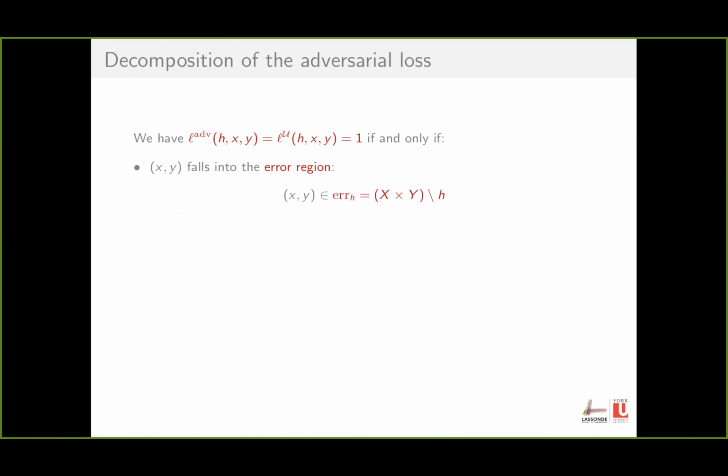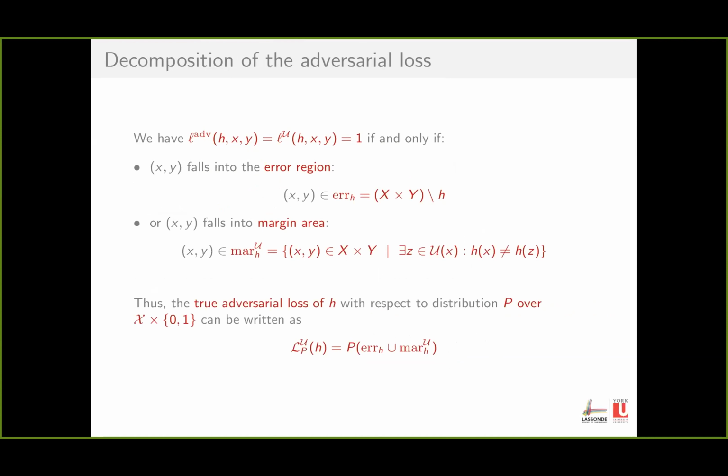A bit more formally, this is saying that either if we're making a mistake or a point falls into the margin area, then we're assigning adversarial loss. That's how adversarial loss, or the aim for adversarial robustness, has mostly been modeled.